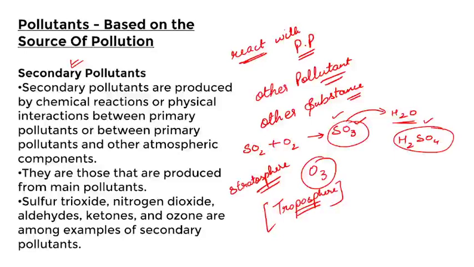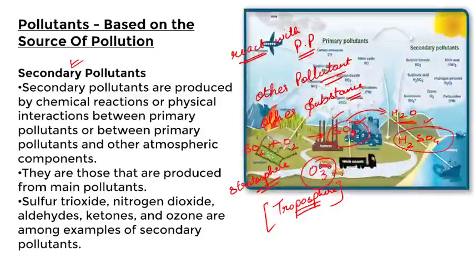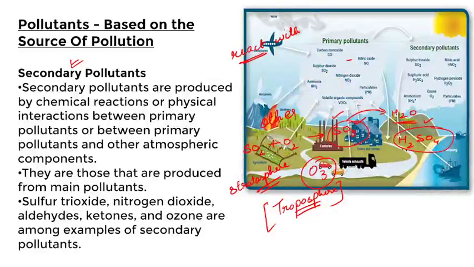So these are secondary pollutants being produced by reaction of primary pollutants with other substances or primary pollutants with other pollutants being present in that particular atmosphere. All right. Moving forward, you can see some examples over here because these examples are important for you. So do remember some from here. All right.